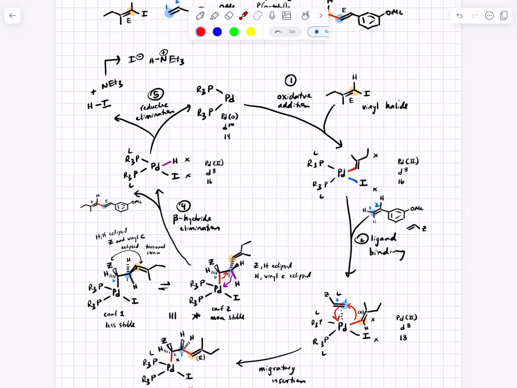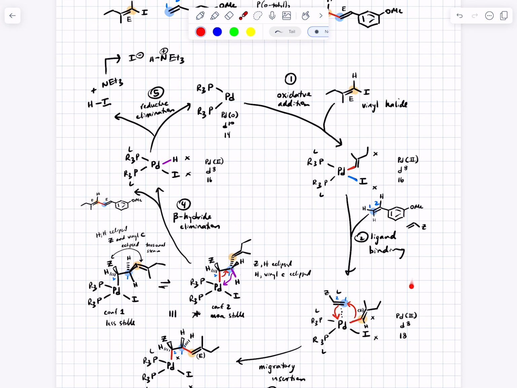And these are really issues that people have worked out. Often reactions are discovered, and then people have to try to tease out what the mechanism is through some really detailed, what are called kinetic experiments.